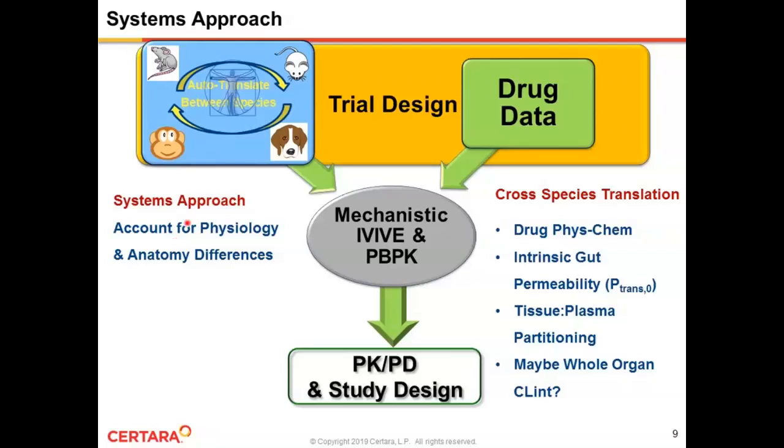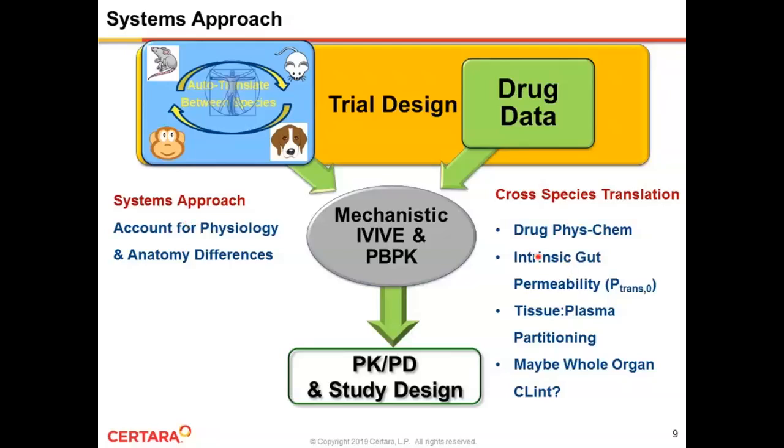Say, for example, you're looking at a mouse PBPK model, and you have a wild-type mouse, then with a verified drug model, you can switch from a wild-type mouse to a knockout, say a PGP knockout mouse model, and then you can look at the predicted PK profile of your drug in the knockout PGP model as well. And so on the right here, you can see certain parameters that are listed for cross-species translation.